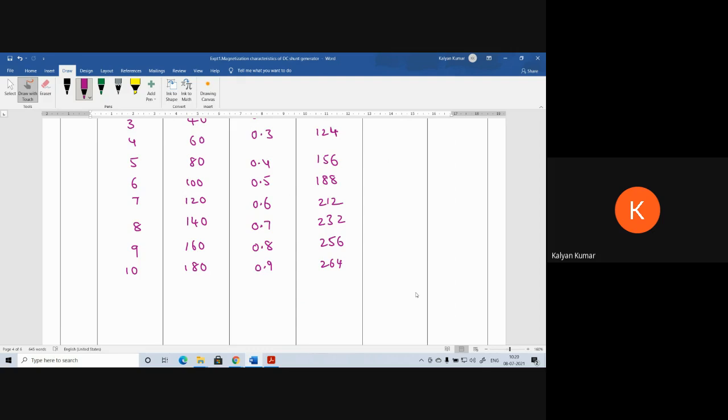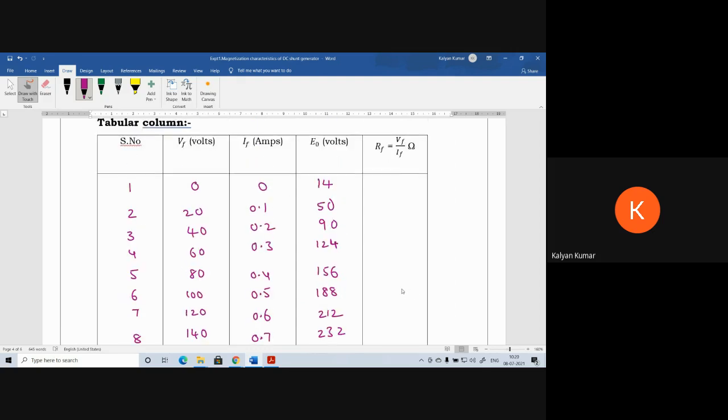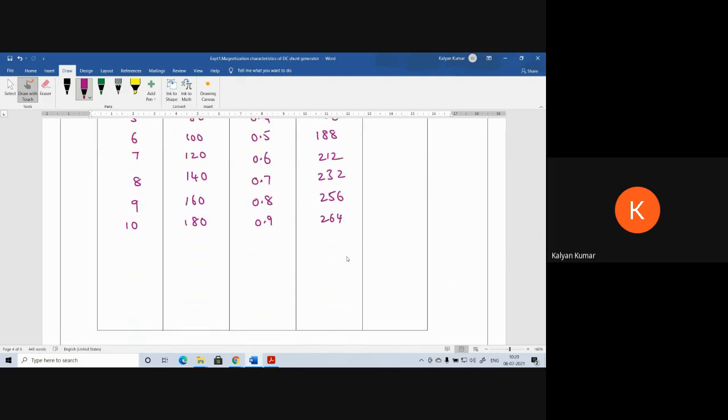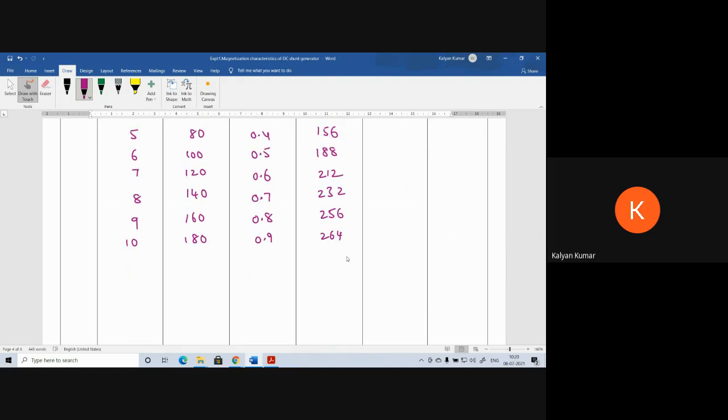So we got 120% of the rated voltage as the induced EMF, and we are going to stop the readings here.